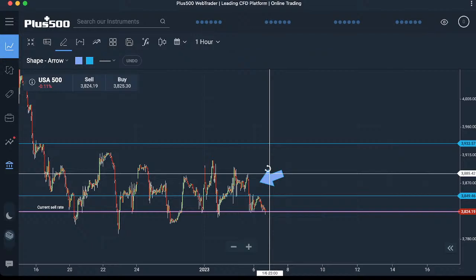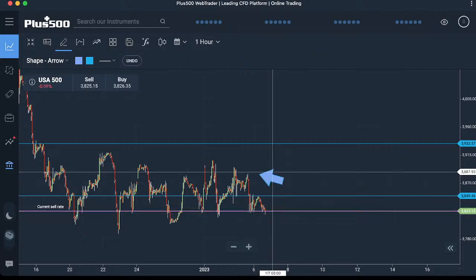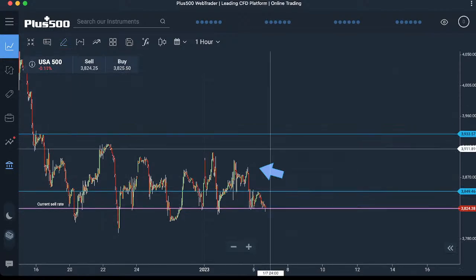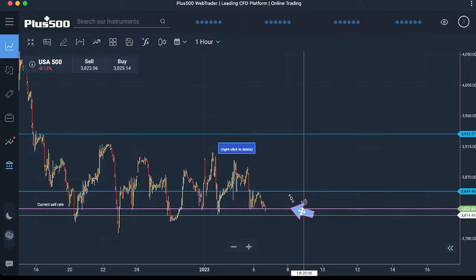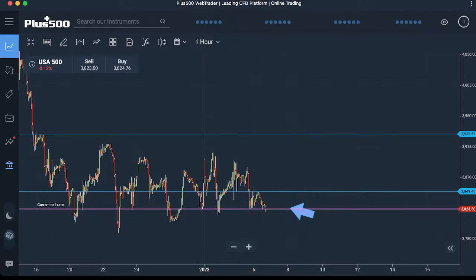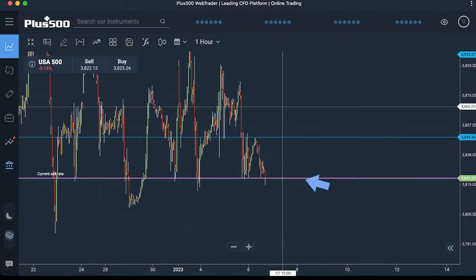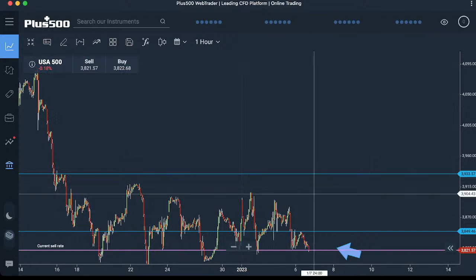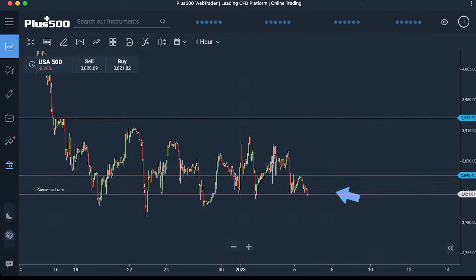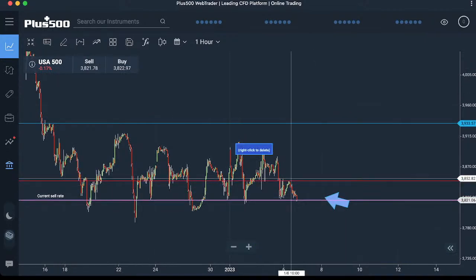Okay, so the way that price is going to the downside, it can tell me maybe price is going down, taking this low.